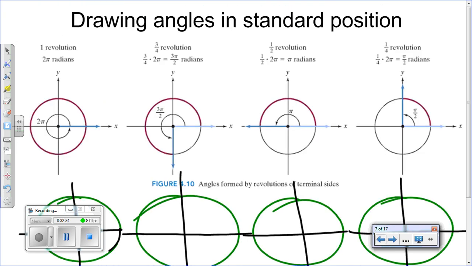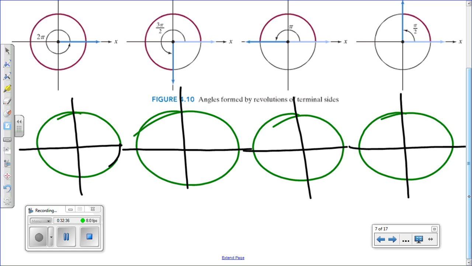I did a little explanation of this, so let's do it again before the break. We start at 0 degrees, or 0 radians. Let's just do it in radians. Right here, we already know this is going to be pi over 2.